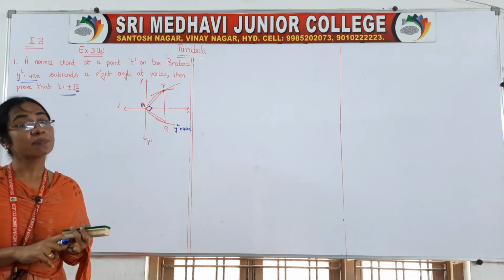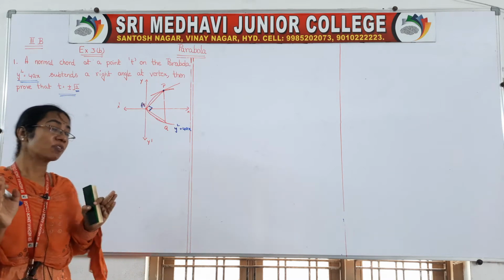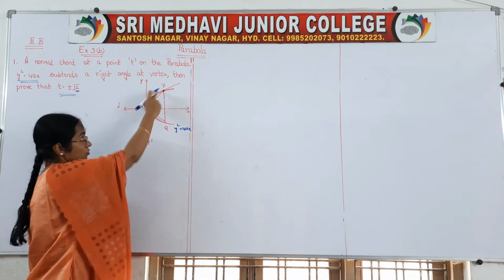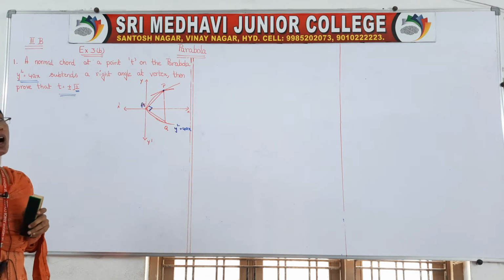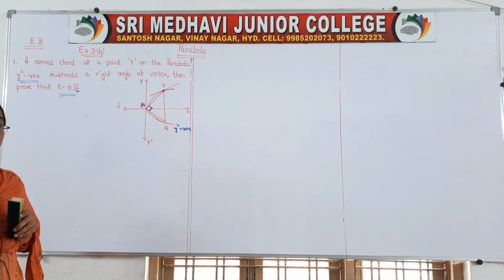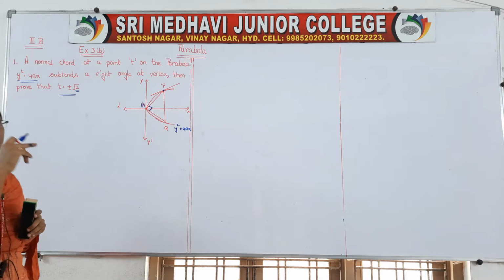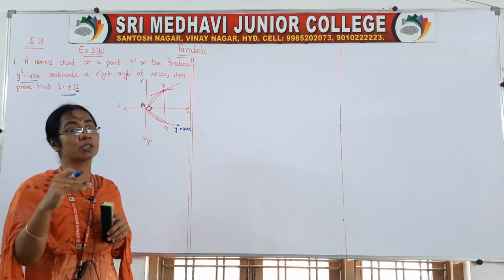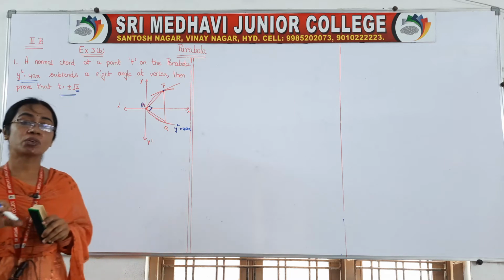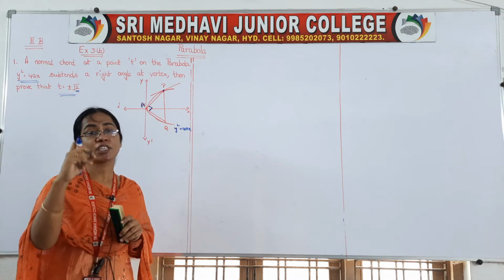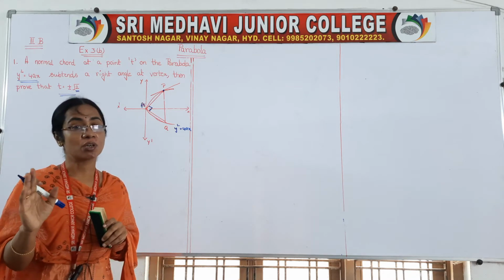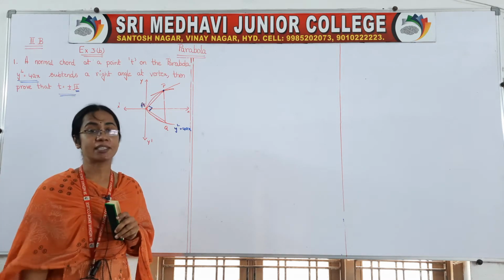Then after homogenizing, we will get the combined equation of PA and AQ. Since PA and AQ are perpendicular to each other, we take the formula coefficient of x square plus coefficient of y square is equal to 0. Then you will get your required result.